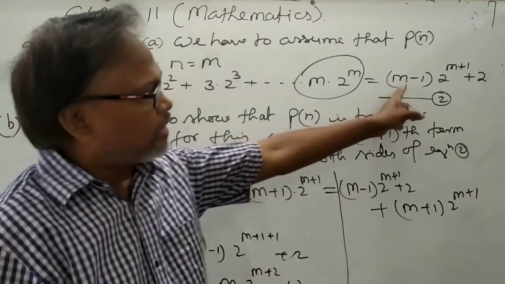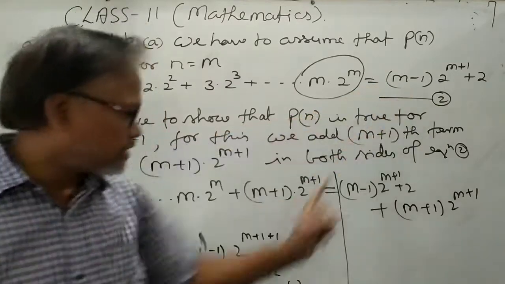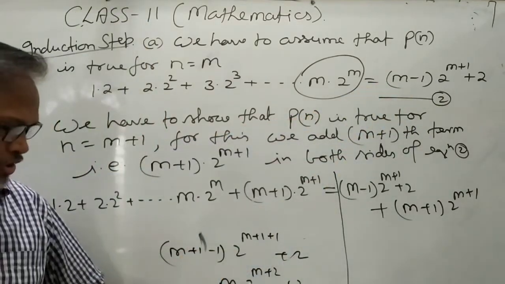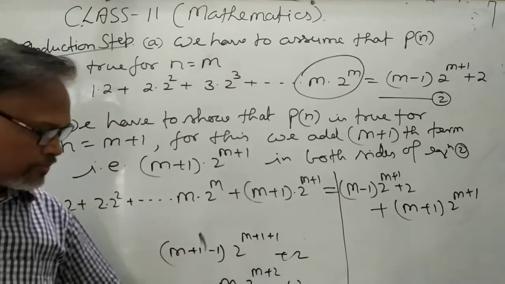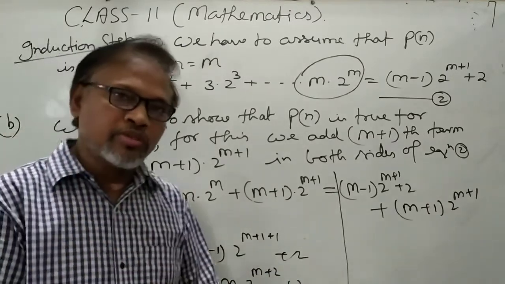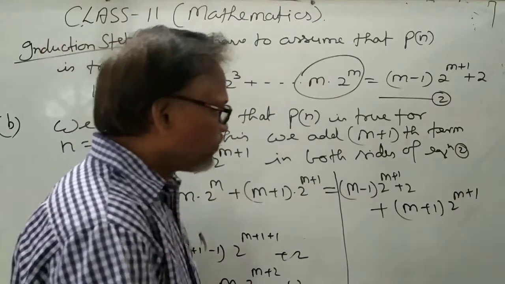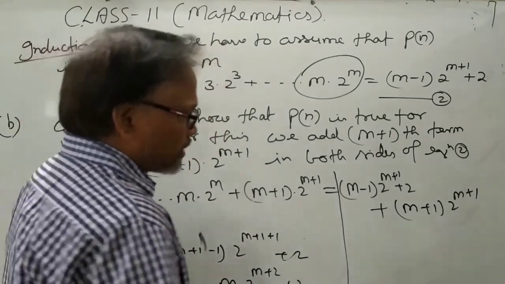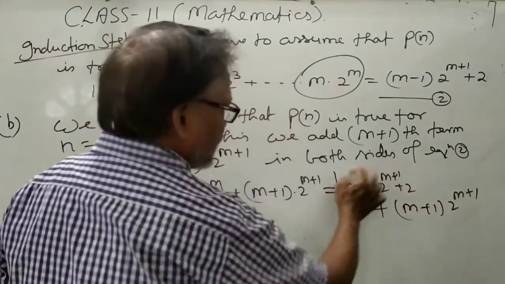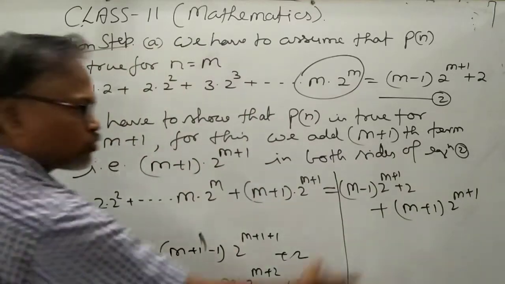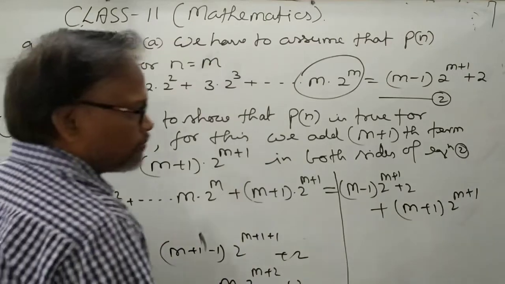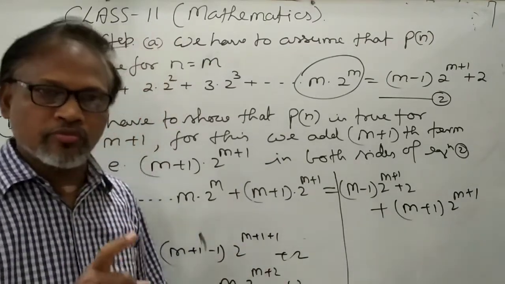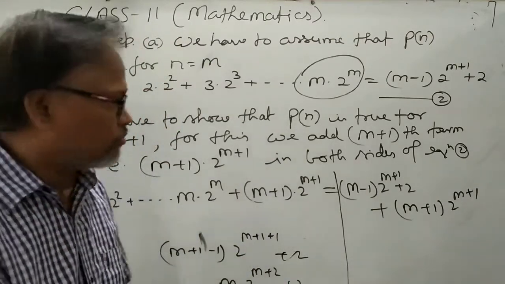After putting m plus 1 in the right hand side you get this value, which you have to reach after simplifying the right hand side. If this comes out, it means this is true for m plus 1, otherwise it is not true.